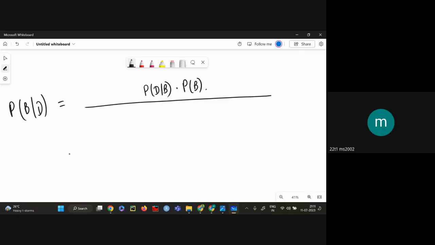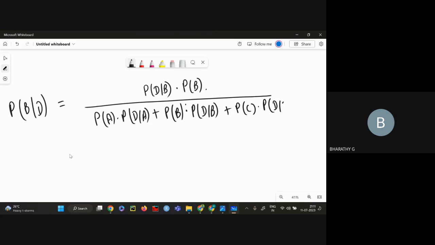By total probability, P of A into P of D given A, plus P of B into P of D given B, plus P of C into P of D given C. That's all.